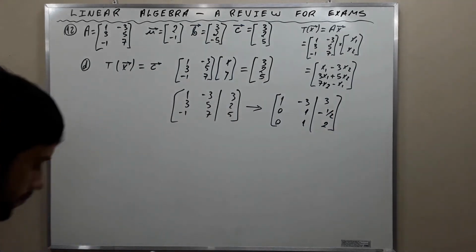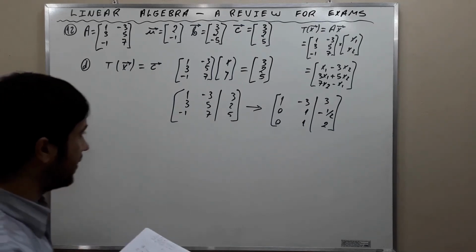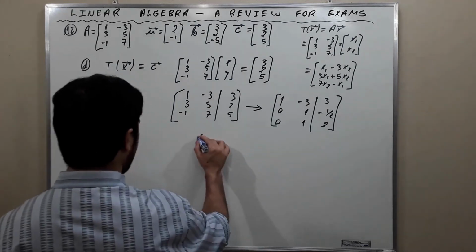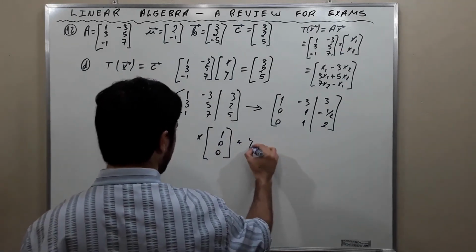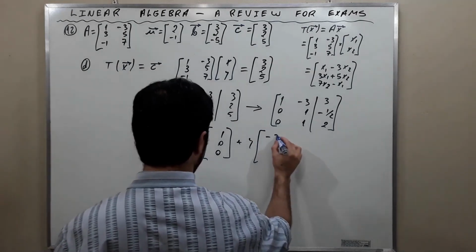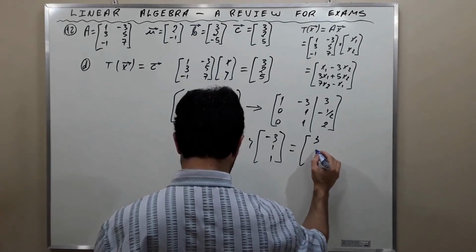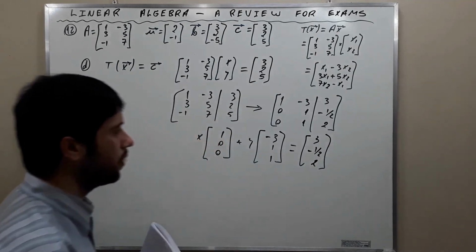And what does it mean? It means that x times (1, 0, 0) plus y times (-3, 1, 1) is equal to (3, -1/2, 2).